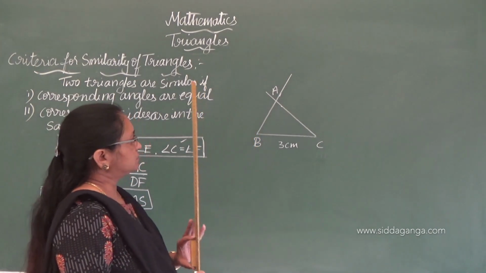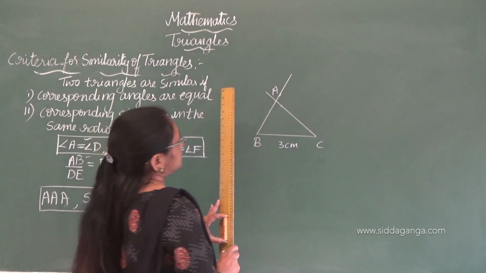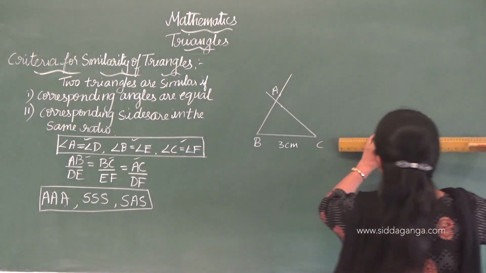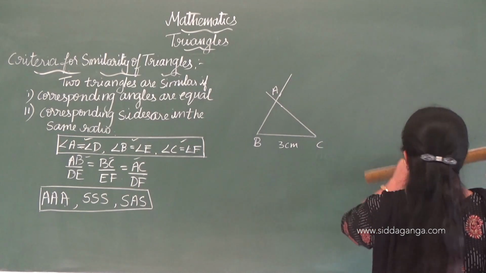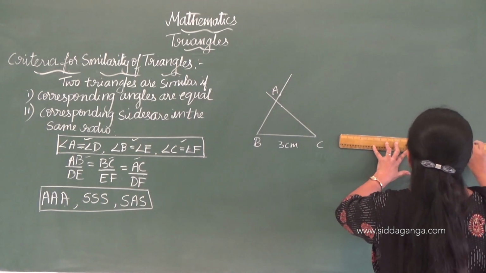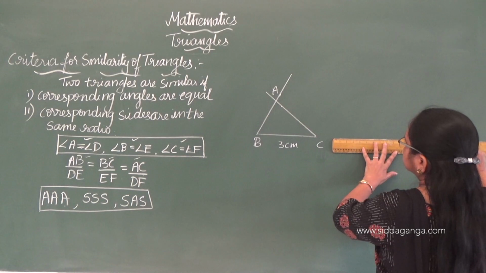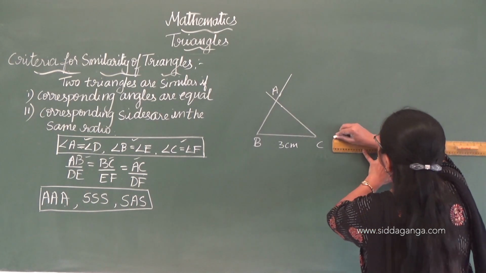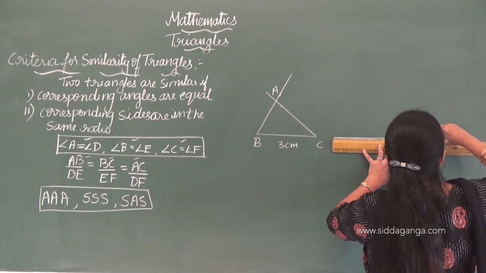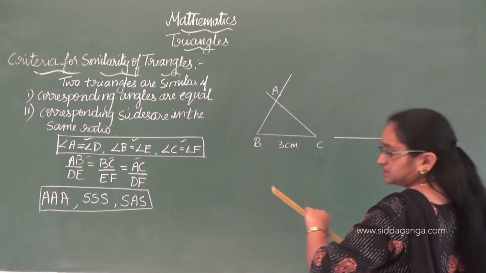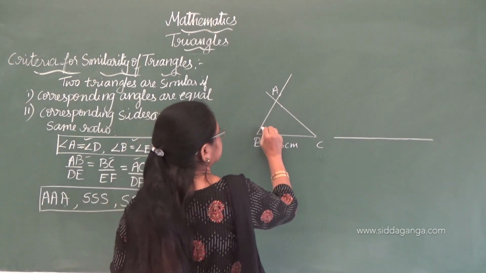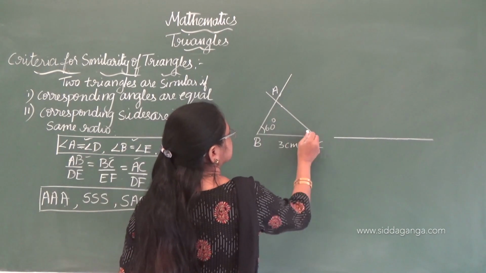Okay. Now another triangle with 5 centimeter. Again here I did 60 degree, this is 40 degree.